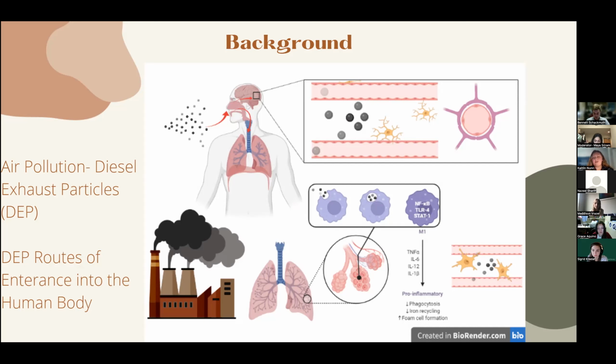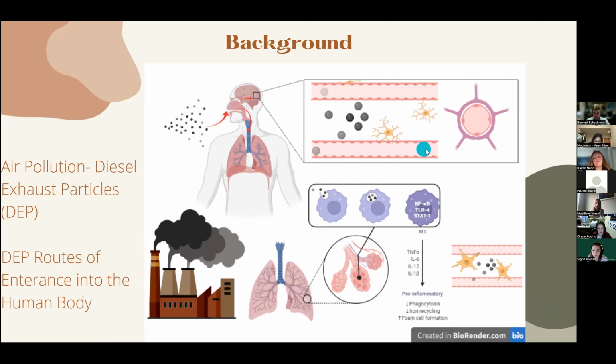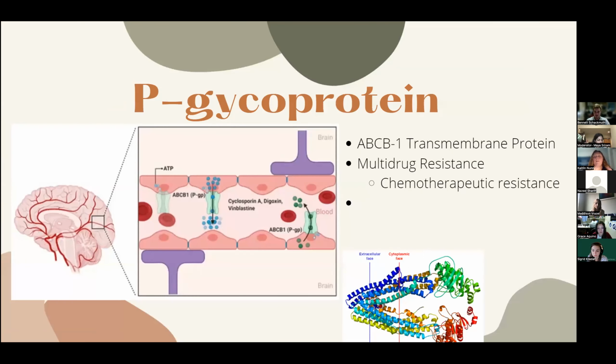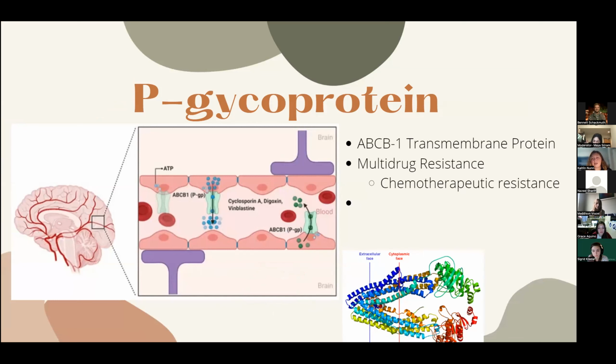In these diagrams, you can see that DEP has entered the bloodstream, and it will try to go through the cells and get into the brain. However, P glycoprotein, a very important protein in the blood-brain barrier endothelial cells, will pump any foreign materials trying to enter the brain back into the blood.